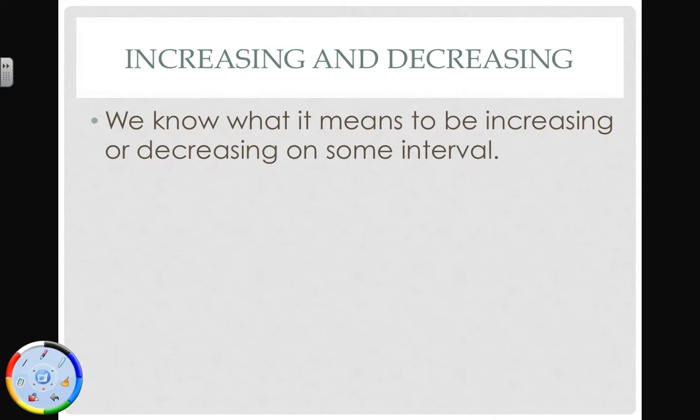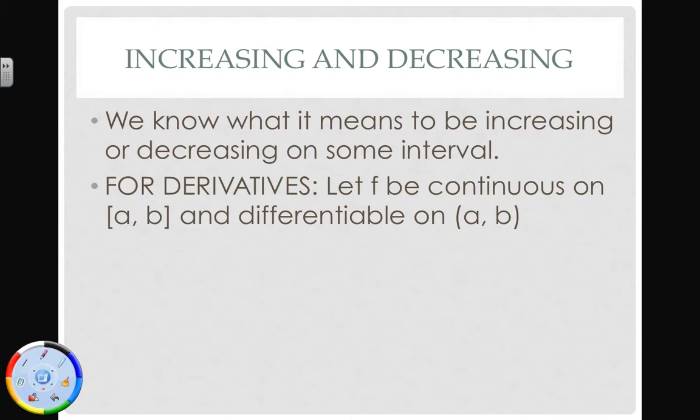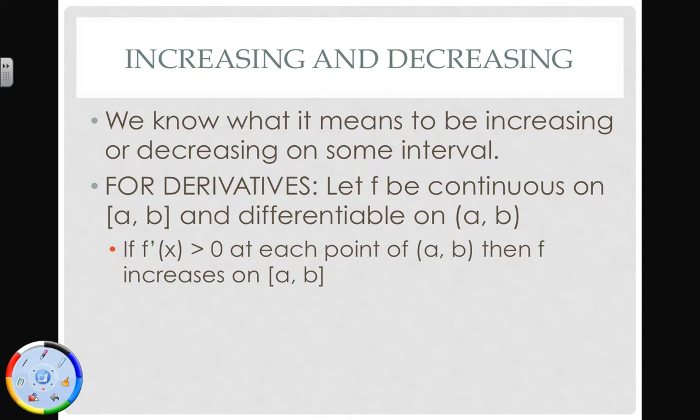All right, so the first corollary here is for derivatives. Let f be continuous on some closed interval and differentiable on some open interval, just like the mean value theorem. And we actually kind of know this already. If the derivative is positive, that means the original function was increasing because the slope was positive, right?